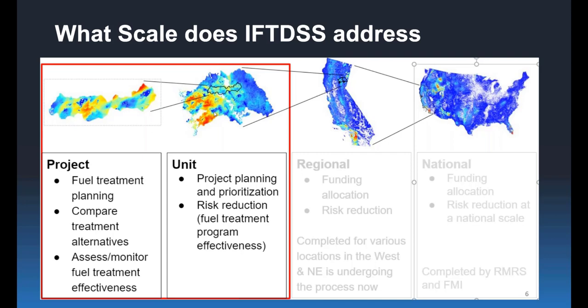So the unit, for some land management agencies, that 3.5 million acres may cover their entire ownership or their ownership plus adjacent landowners, and for some it may not, but it may be better suited at the project scale, depending on how many acres. The idea is that it can be used for planning and prioritization within these units or projects, potentially comparing different alternatives and looking at effectiveness at those scales.